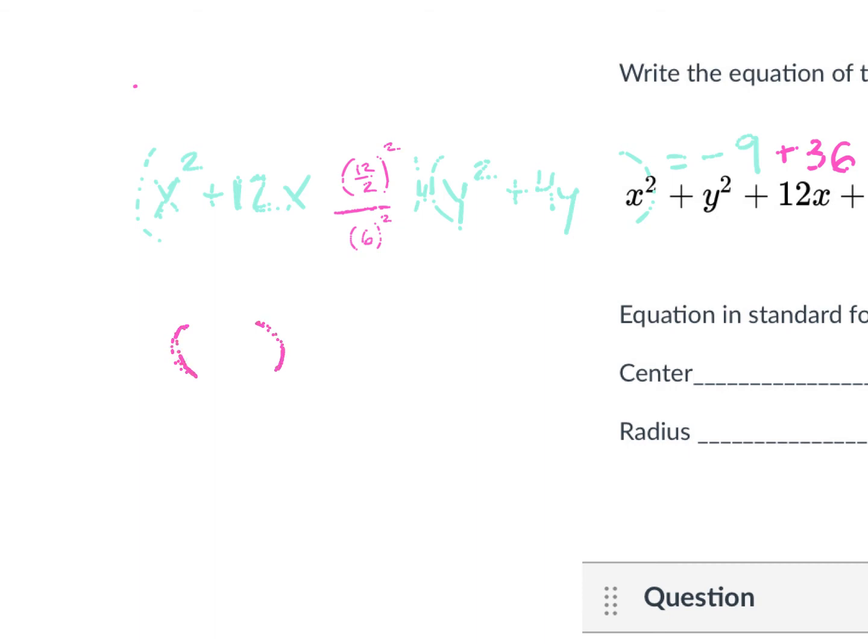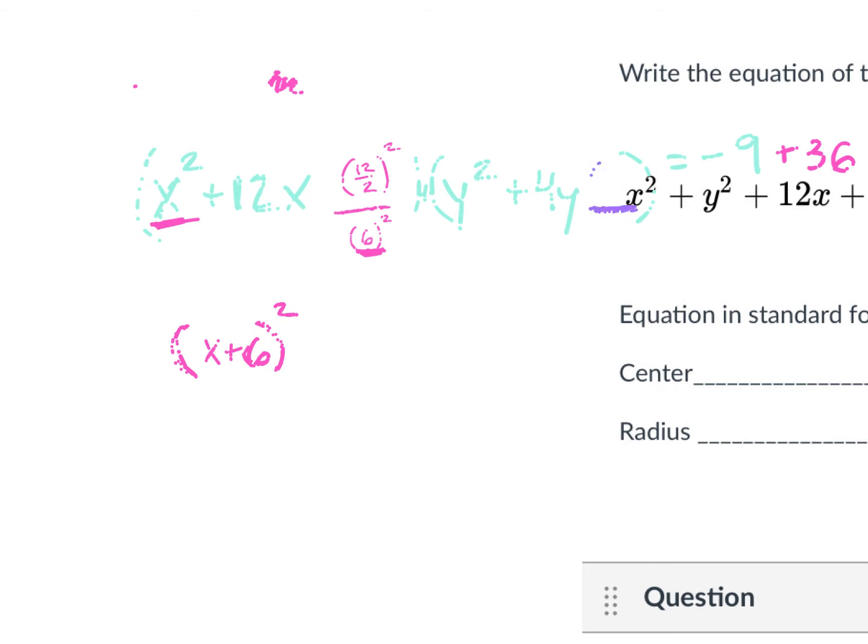Now I'm going to do the same thing with my y's. So what's going to go in the space here to help me complete the square? Four over 2 squared. So 4 over 2 is 2. 2 squared is 4, so I'm adding 4 on the left side.